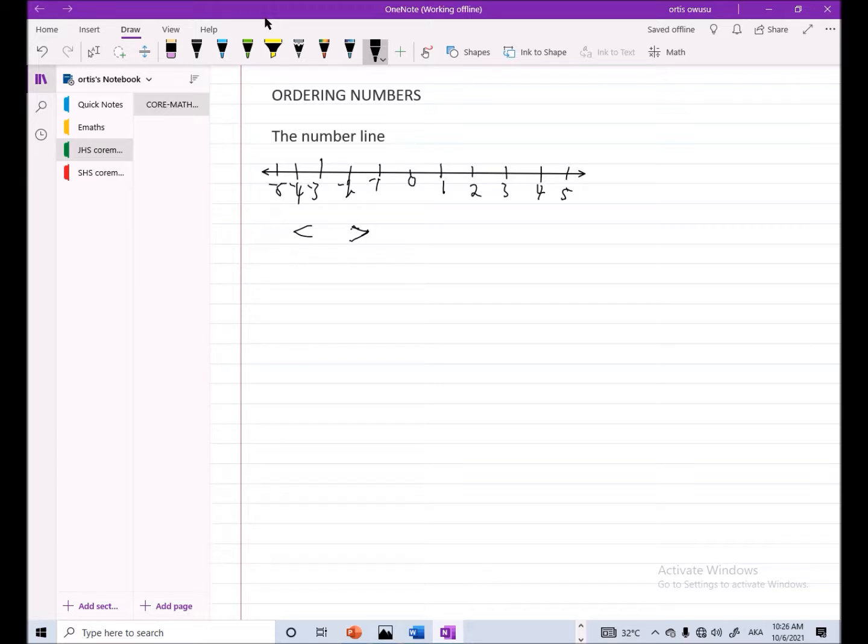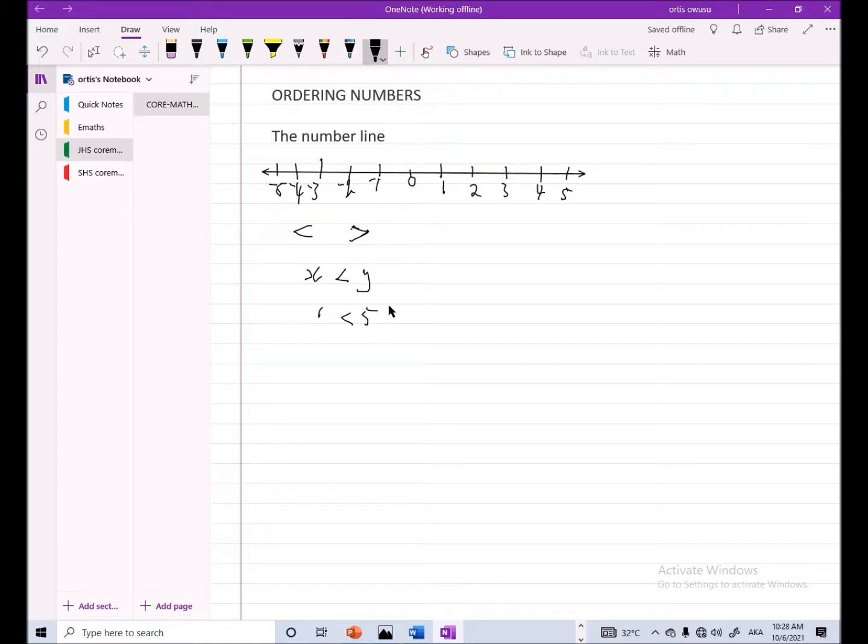Let's take an example. We can write something like x less than y, which means that the range from x is less than y. We have x and y, so this means that x is always less than y. So in this example, we can say that 1 is less than 5.